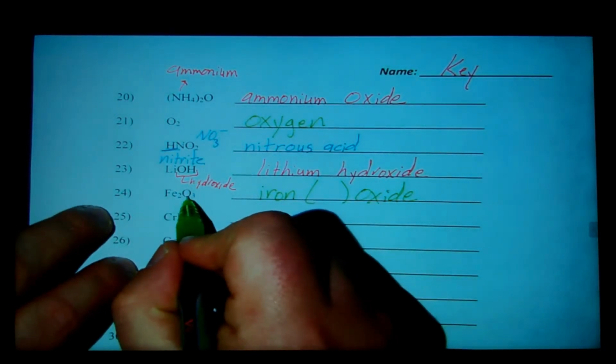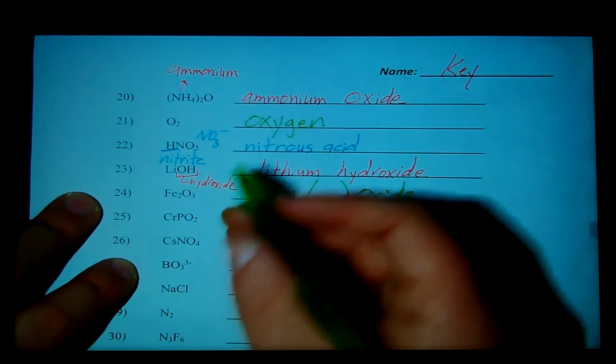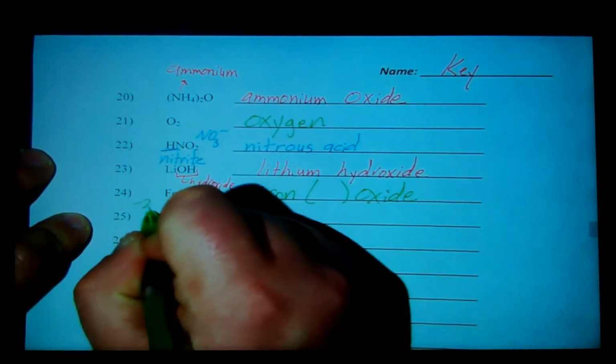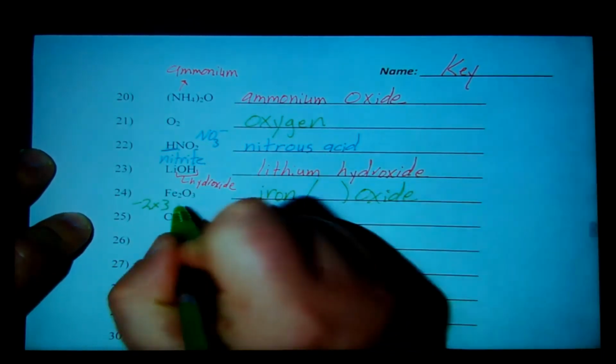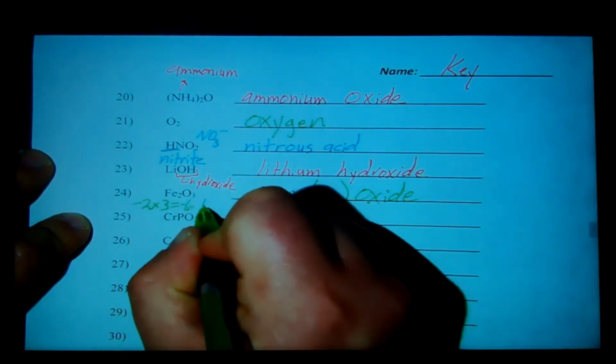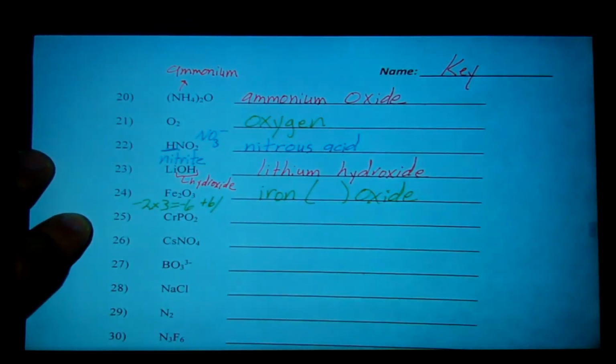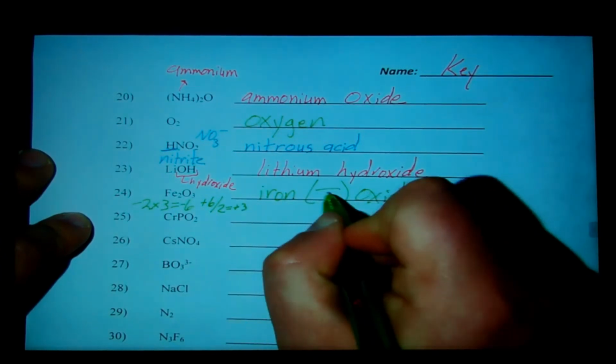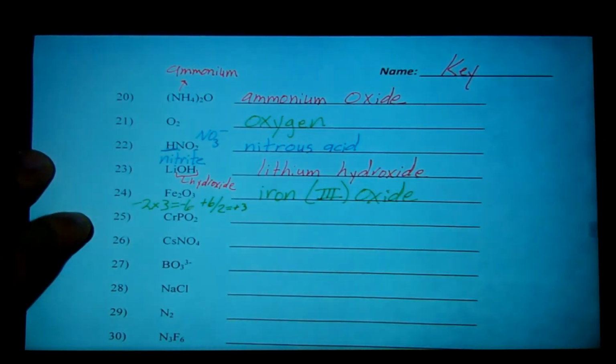So the charge on the oxide, we're going to look at the anion first to find the charge. So the charge on the oxide is -2. I have 3 of them, so I multiply it by 3, gives me -6. So +6 has to be the overall charge of the positive part. And I have 2 irons, so +6 divided by 2 is +3. So it's iron 3 oxide.